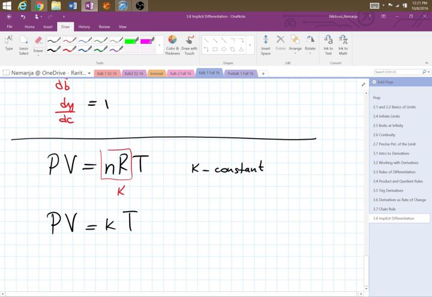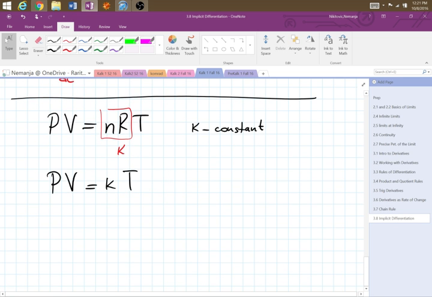Now, what's happening with these derivatives here? I can take the derivative in respect of any of these variables. And clearly I'm going to have a product rule on the left, because if we keep changing them all, pressure, volume, and temperature, you'll have the product rule.